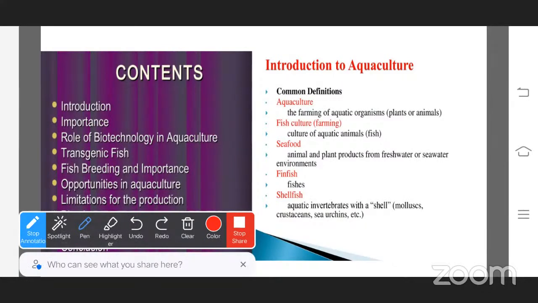Aquaculture is the form of farming of aquatic organisms, either plants or animals, rearing or culturing or producing more animals using different techniques under the controlled management of human beings, which means the culture. Generally, aquaculture is done naturally, but overproduction.